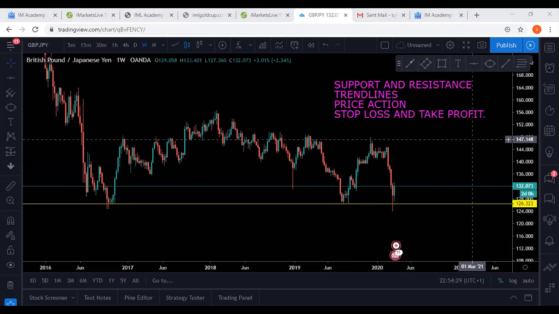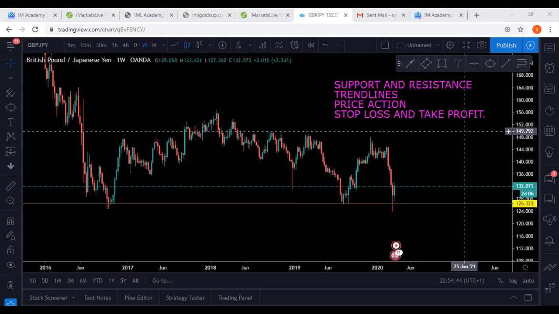So you're going to do what we call top-down analysis. Like I said, top-down analysis means you're doing your analysis from the top using the higher time frames, and then you're gradually going down to smaller time frames so that you can find your entries. Does that make sense to everyone? Do we understand what top-down analysis means?